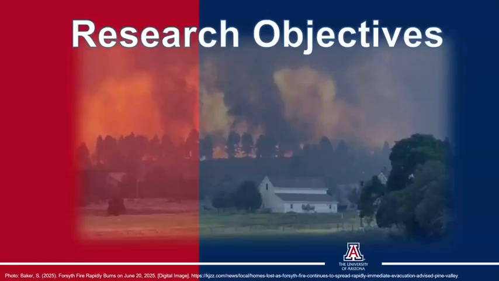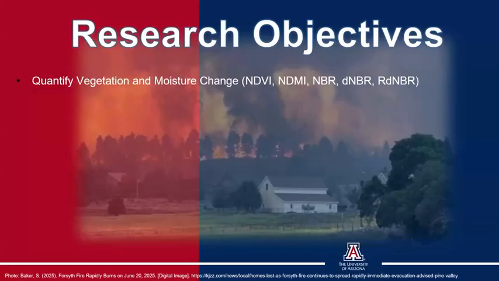I will now introduce the objectives that guided the entire workflow, from the satellite image processing to the final modeled spread trajectory. I quantified vegetation vigor, canopy moisture, and burn severity using these 5 indices derived from pre- and post-fire Landsat 8 imagery. I evaluated the alignment between observed fire spread directions and the dominant wind direction to test for wind channeling through Forsyth Canyon.